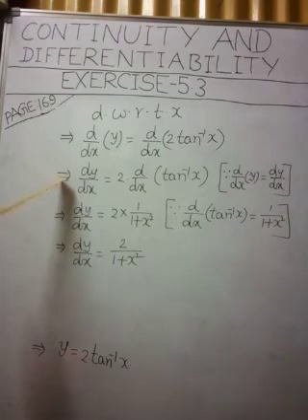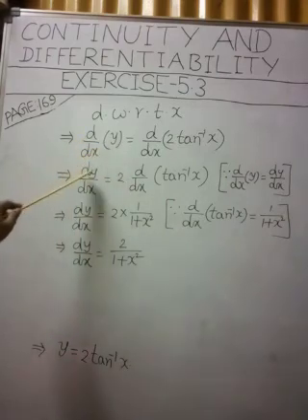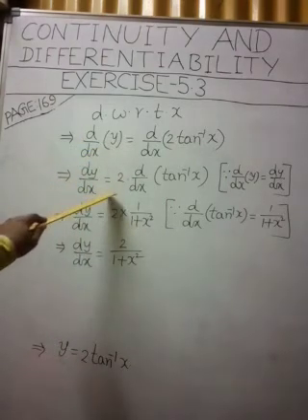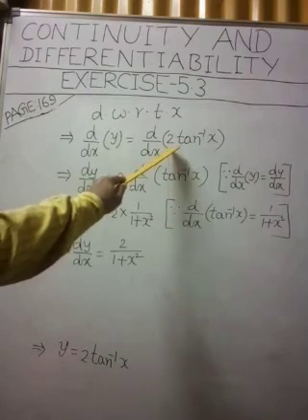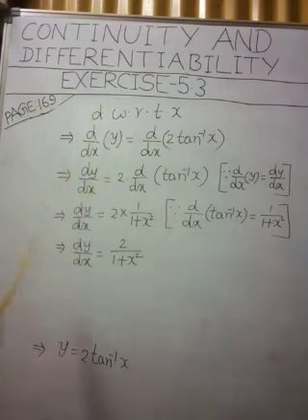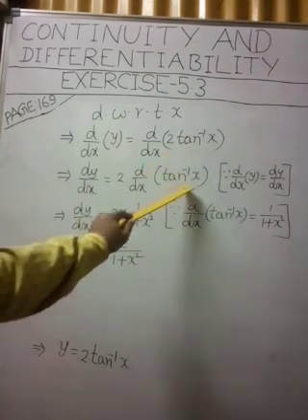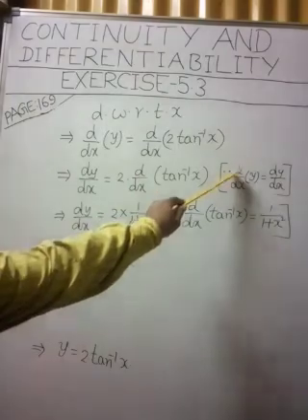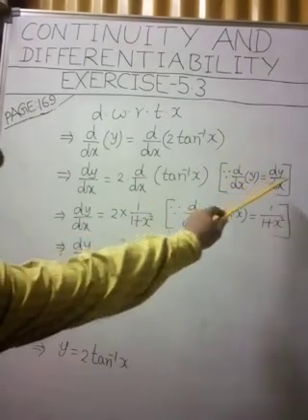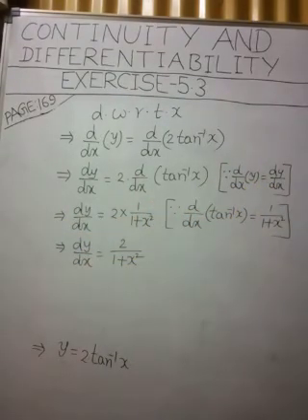Right. This implies d by dx of y, meaning dy by dx, is equal to, here 2 is a numerical coefficient. We can write it outside the d by dx. So we write here 2 into d by dx of tan inverse x. Here d by dx of y is equal to dy by dx. Understood this step?